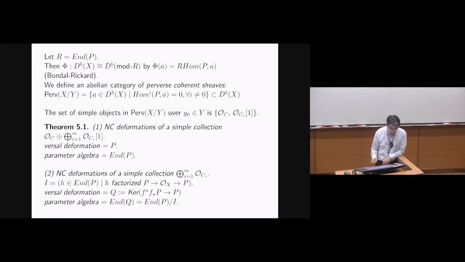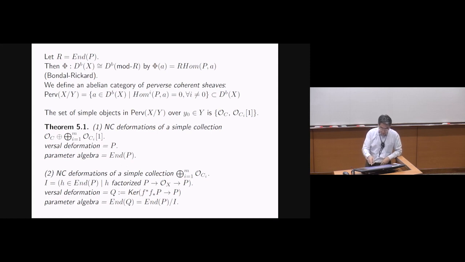And let R be the endomorphism ring of this tilting sheaf. Then there is the so-called Bondal-Ricard equivalence of derived categories. So phi is an equivalence from the derived category of X to the derived category of right R modules.